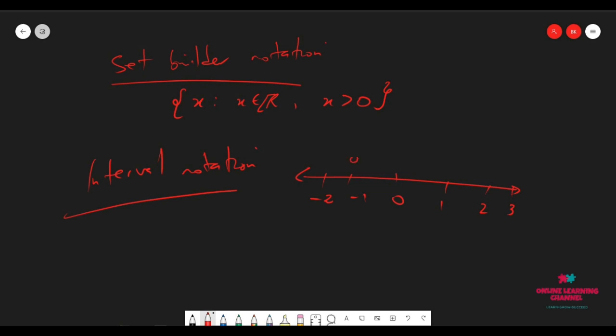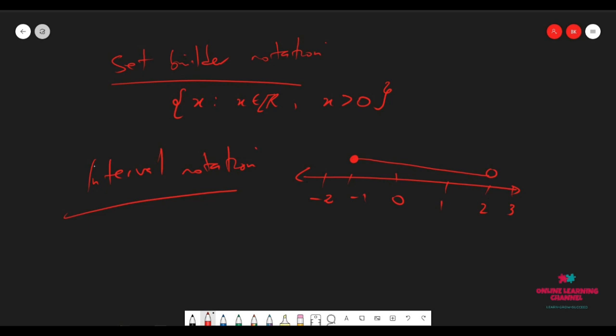And then we are told that this is shaded, and then this is open like this, and this is our number line. So we are saying that the values that we are looking for exist in this interval. So if it's shaded like this, it means that whatever number we're looking at is included.